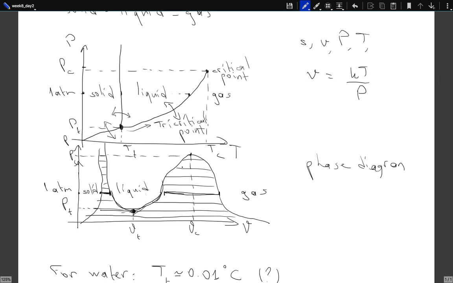Now, what is boiling? What happens when something starts to boil? You see, if I would put a glass of water over here and come back in a couple of hours, I will see that the amount of water has decreased by a visible amount.